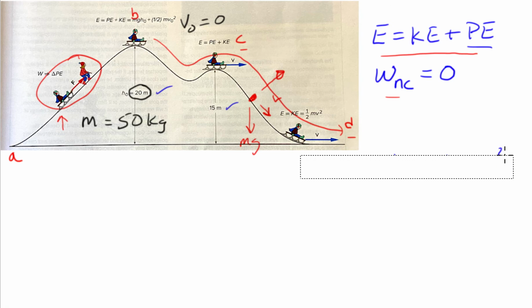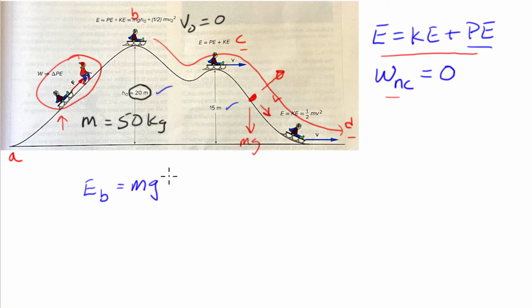Maybe you can get a start while I clean the screen a little bit here. Start at B and ask yourself, what form of energy does the kid have at B? Well, same as before. The energy at B is equal to all potential energy. And what about down here at D? Well, he's back down to the 0 level where we're measuring all the heights from.